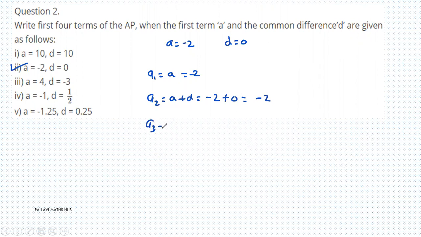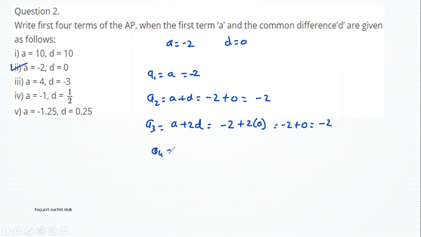Find out a3. a3 is equal to a plus 2d. a is minus 2 plus 2 into 0. 2 into 0 is 0. So minus 2 plus 0, which is equal to minus 2.